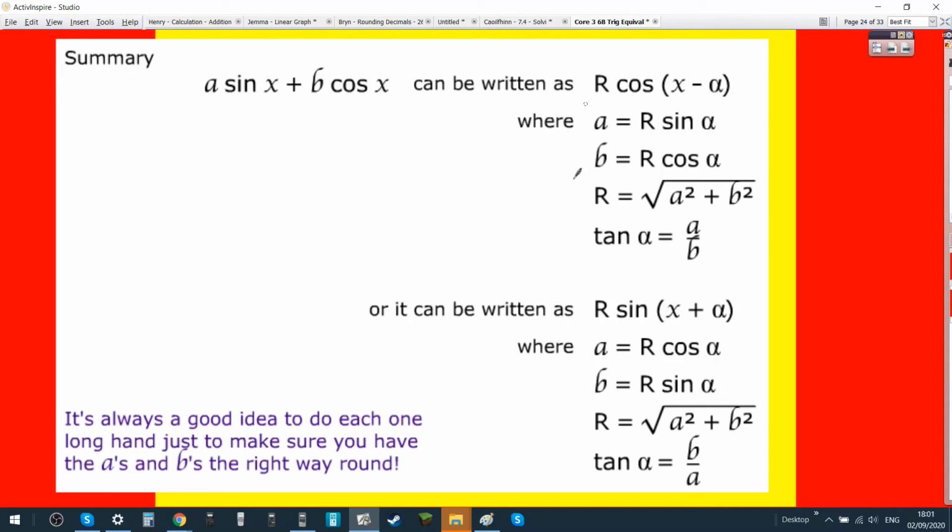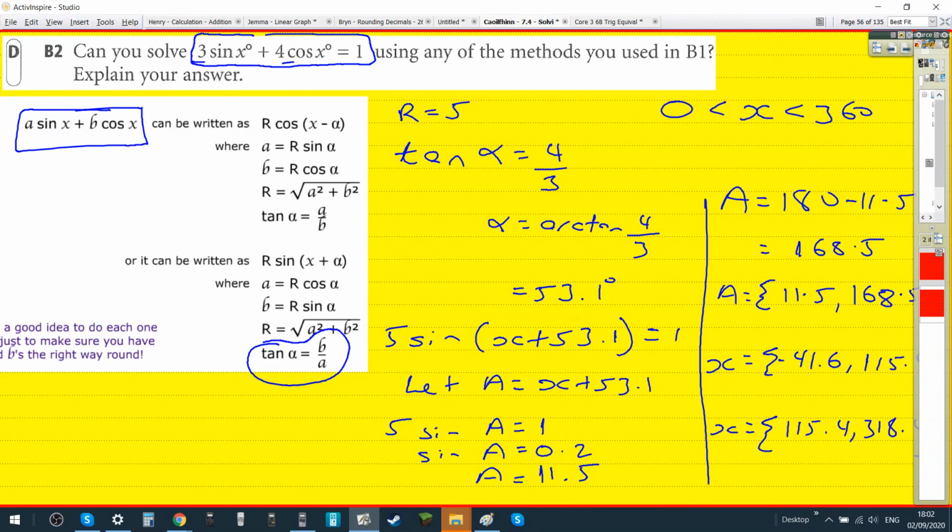You can go through the simultaneous equations each time, or just use Pythagoras of the coefficients and the arctan of the coefficients divided. And so what would you give yourself for that stuff?